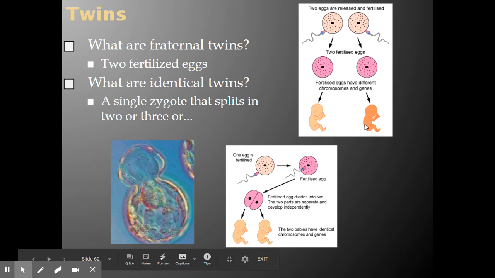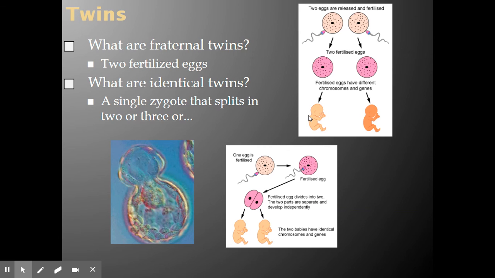Okay. In the case of fraternal, they have different genes and tend to not look as similar to each other as with identical twins. They have different genes, fraternal ones do.